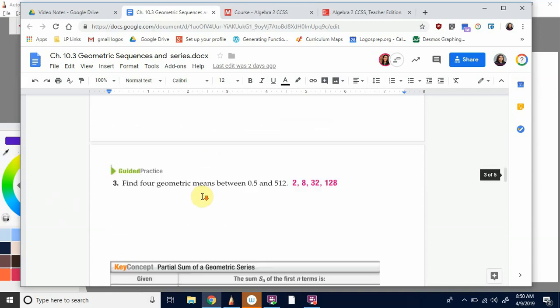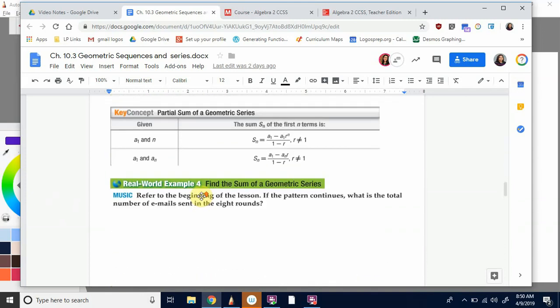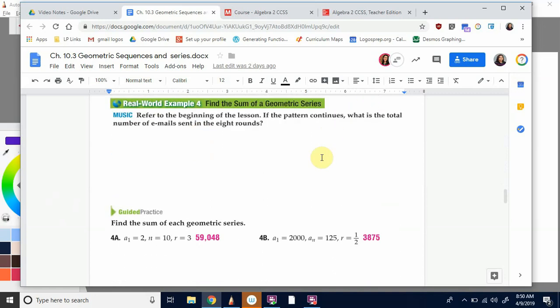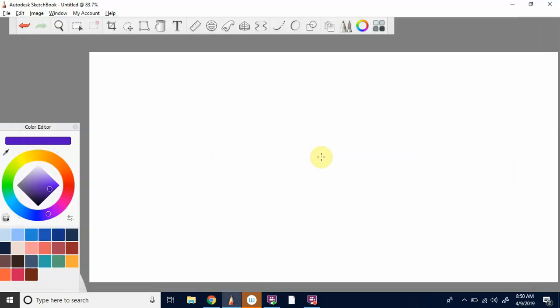Okay, so example 4 says, so here's our formulas, right? So know these key concept boxes. If the pattern continues, what is the total of emails sent in the 8 rounds? So basically we've got term 1, 2, 3, 4, 5, 6, 7, 8.